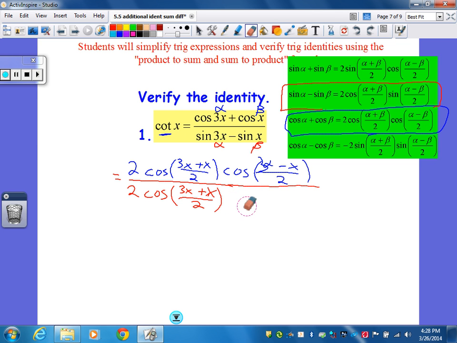I was looking at the one right above it. Sine alpha minus beta, which is 3x minus x over 2. Okay, it looks like there's a lot going on there.